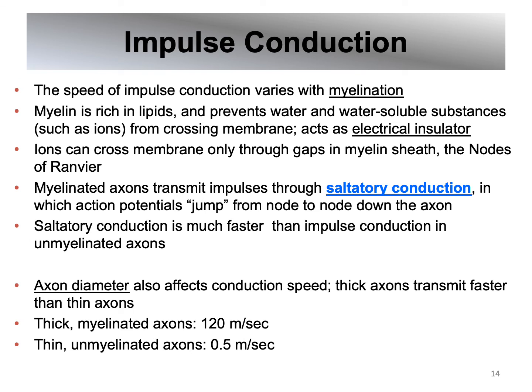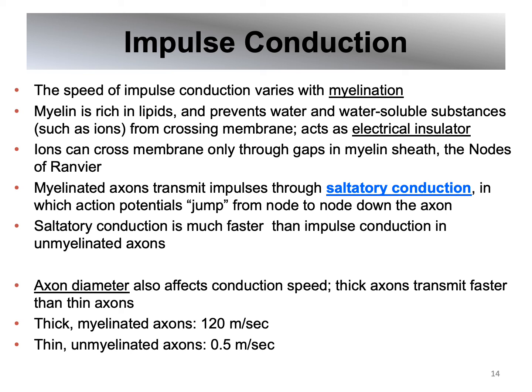The speed of impulse conduction varies with myelinization. Myelin, remember, is a lipid-rich, lipoprotein substance, and prevents water and water-soluble substances such as ions from crossing the membrane. It acts as an electrical insulator. Ions can cross the membrane only through the gaps in the myelin sheath, which we call the nodes of Ranvier.